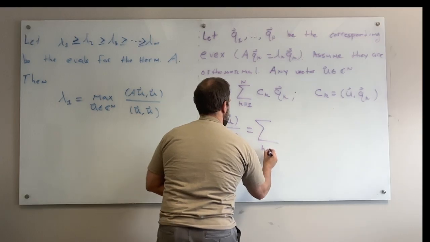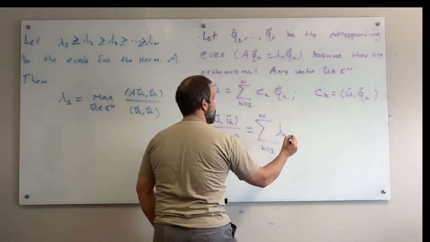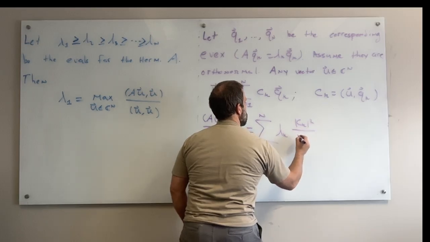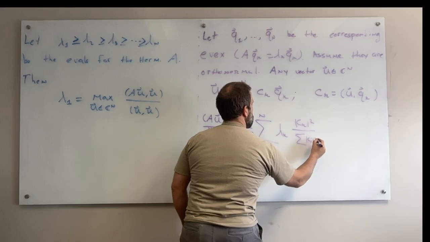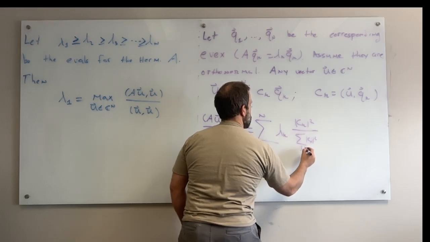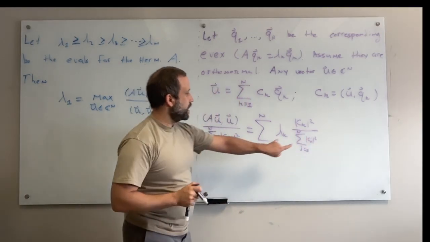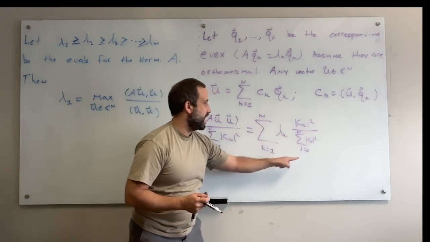We're going to have k equals 1 to n lambda k, ck squared divided by the sum of cj squared, j equals 1 to n. Now, this is a positive number, and ck squared is a positive number, so I can write this as bk squared.